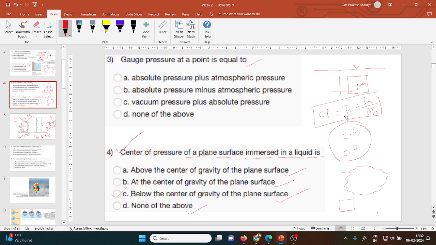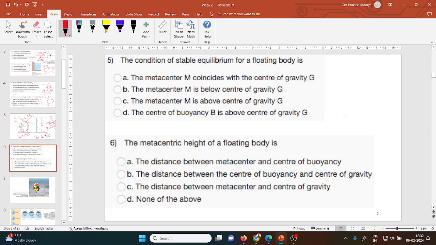Please remember, this is an important question. If it is immersed at an angle, then sine square theta will be added here. So now moving on to another.